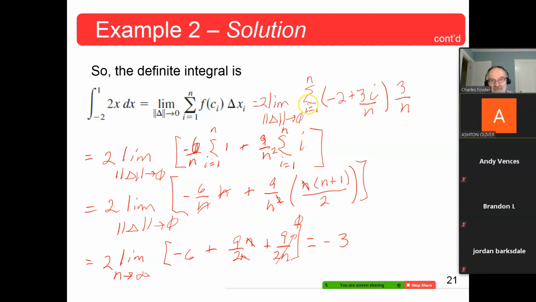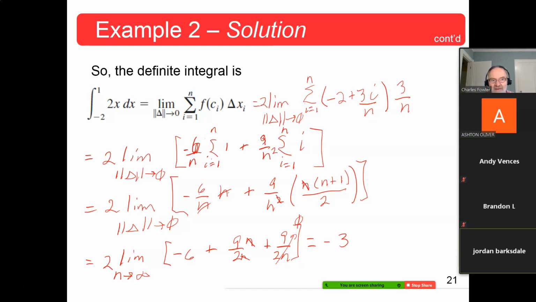They came outside the summation, and all that was left in there was that little old i. So that's how we got that. This one came from the minus 2 times 3 over n. That came on the outside, leaving just a summation of 1. And over here, the 3 over n times 3 over n, which is 9 over n squared, came outside the summation, and that just left you an i inside there. Is that what you were asking? Yes, sir. All right. Any others? Be sure to ask, folks.